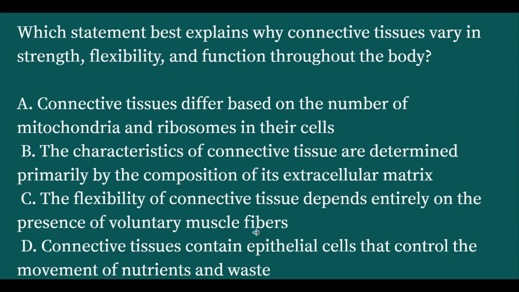Nope. Connective tissue is not voluntary, doesn't have muscle fibers. D, connective tissues contain epithelial cells that control the movement of nutrients and waste. No, that's not true. Epithelial cells are basically skin cells, and they do not control nutrients and waste. Epithelial cells protect, secrete, support.